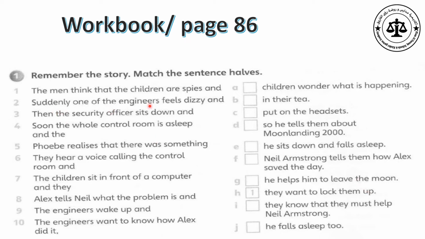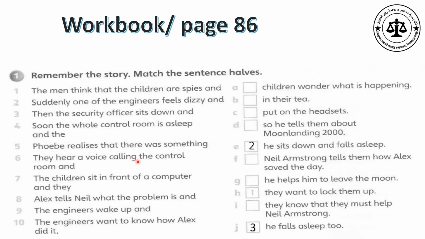Suddenly, one of the engineers feels dizzy and what? Excellent. And he sits down and falls asleep. Number 3. Then the security officer sits down and what did he do? Excellent. And he falls asleep too.